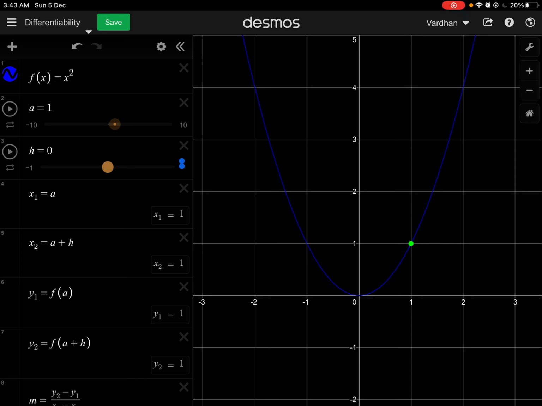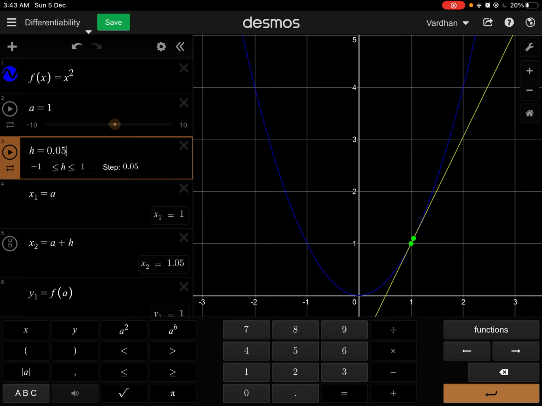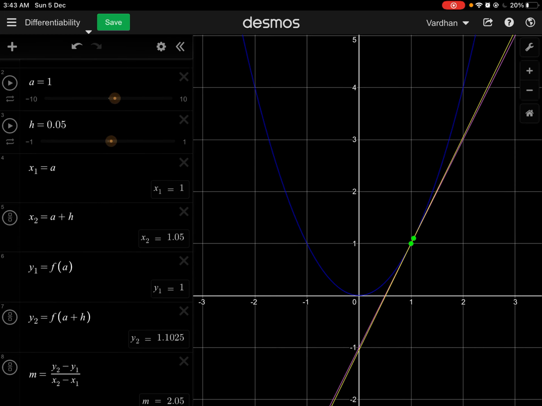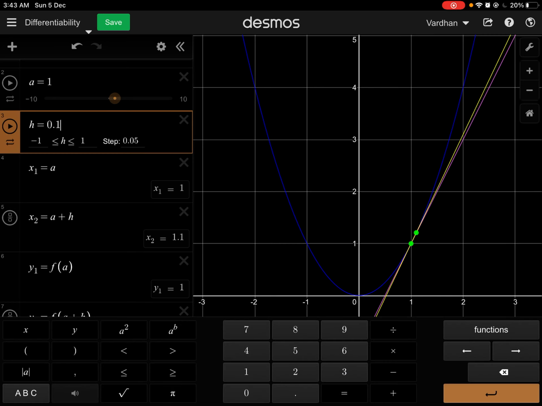So that's not really helpful. But if you were to move it really close to it, then it will approach the tangent. The actual tangent of the curve is this pink line, and this yellow line is approaching that tangent as we've reduced the value of h.